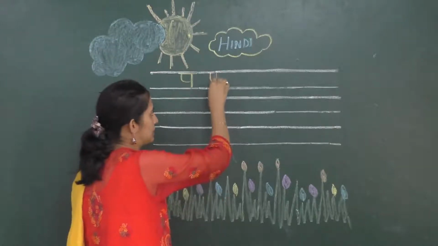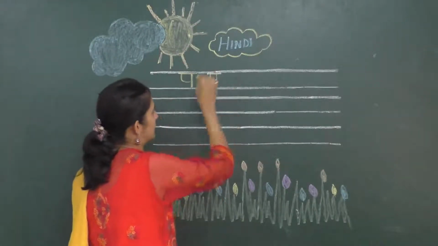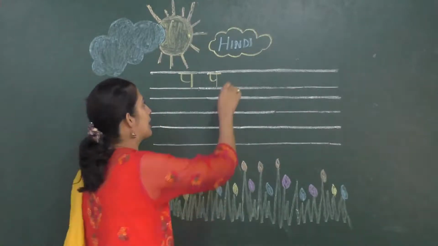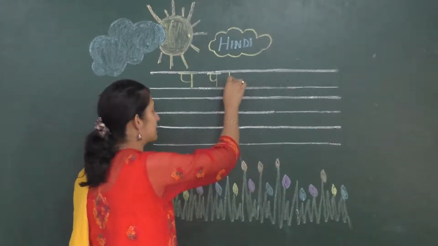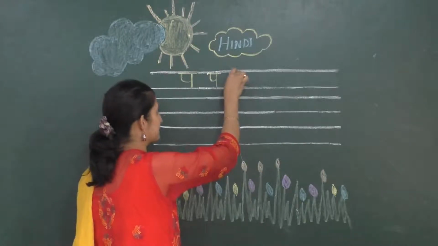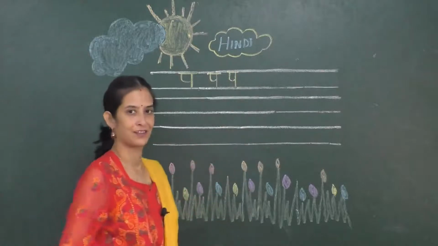Then we'll make a standing line and a sleeping line. Okay. Pa. Again, we'll make a curve like a J, then standing line and sleeping line.